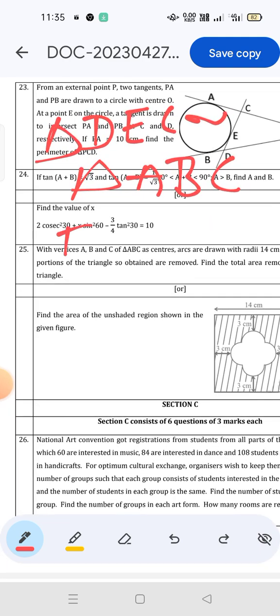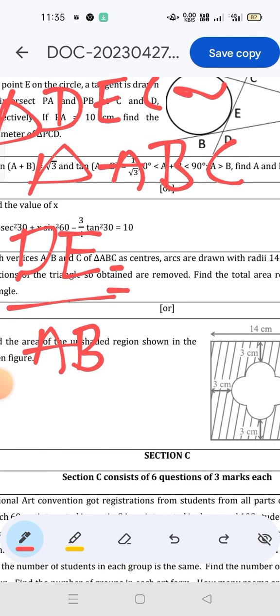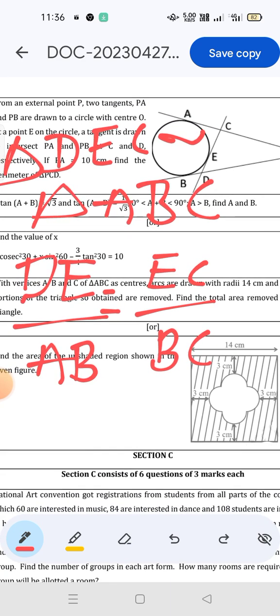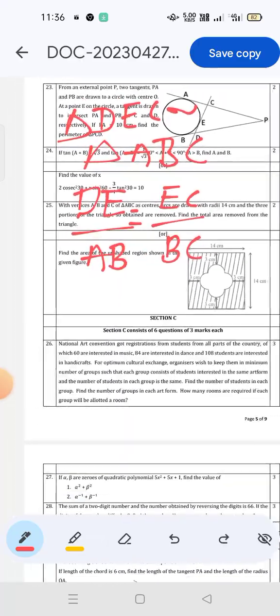DE by AB equals EC by BC. If you want, you can even write CD by CA, which I am not writing, as it's not necessary here.